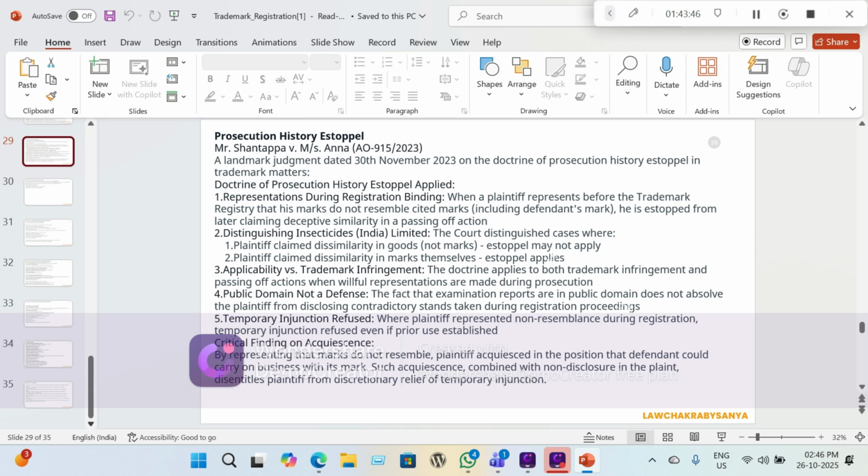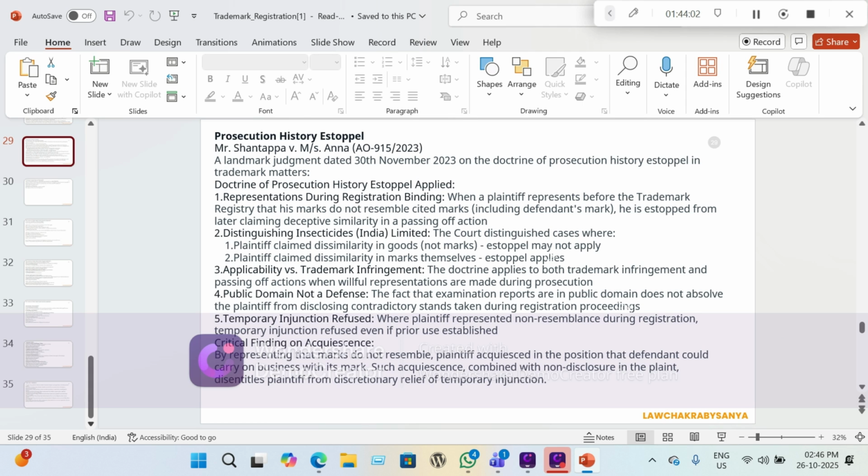This person has been using your mark. You have acquiesced to it by not taking timely action or by not doing anything to stop that person while you still could. So there is an estoppel against you from now taking action.